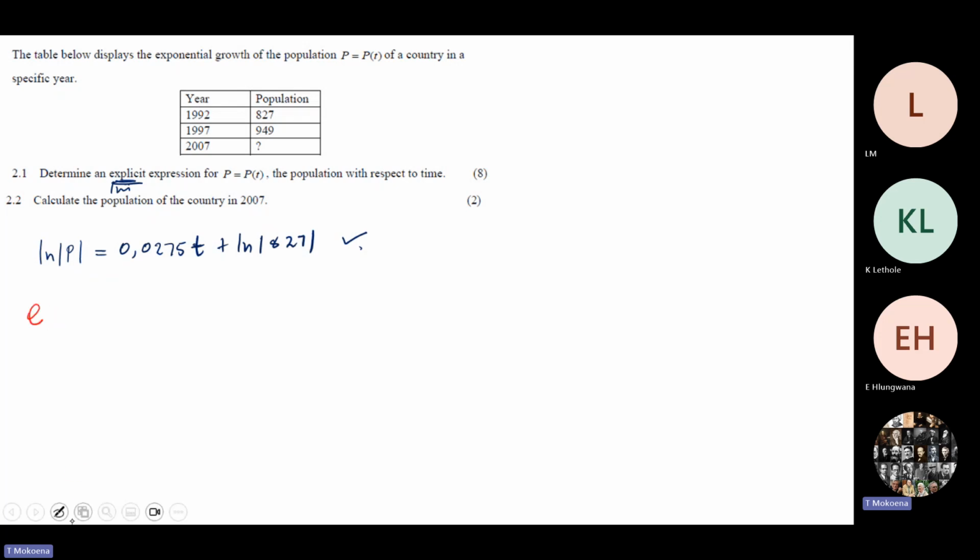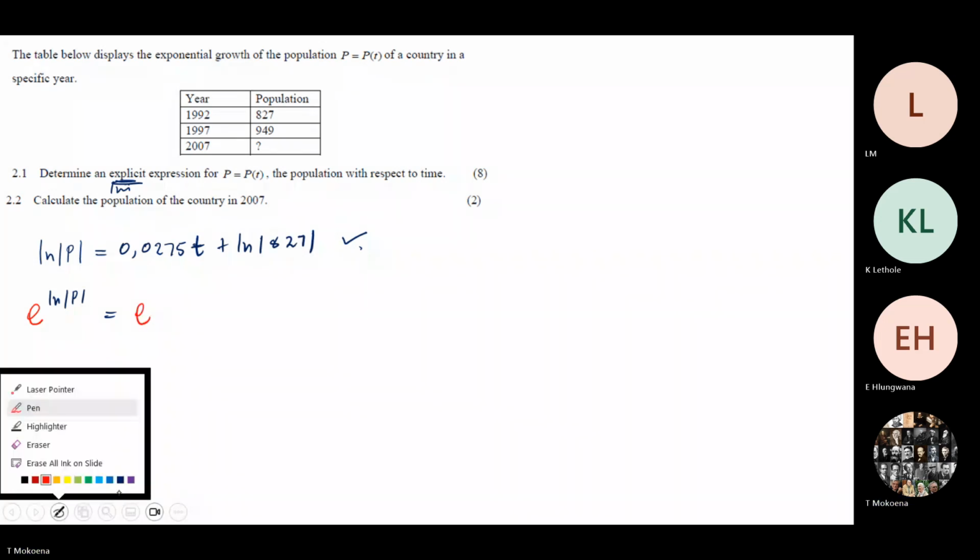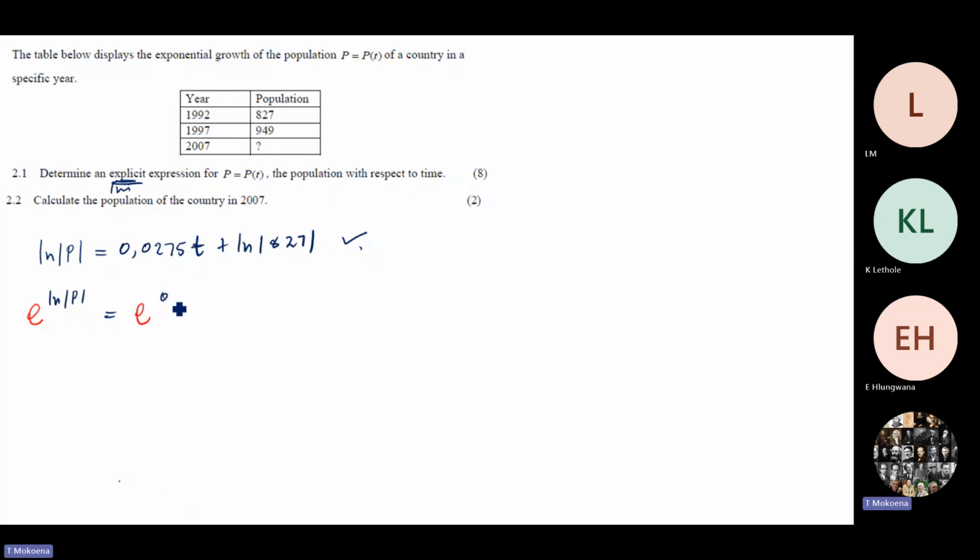We're going to introduce e to the power of ln of P is equal to, even this side, we're going to do the same thing. e to the power of 0.0275 t plus ln of 8 to 7.